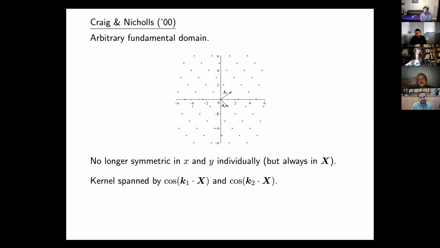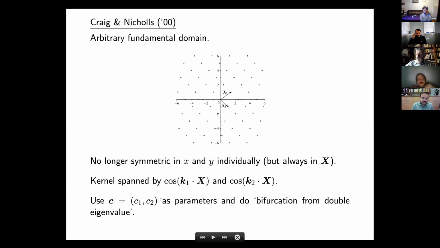But to get waves which vary in 2 different directions, you have to assume that it's at least 2-dimensional. Okay, so one trick you can do then is to use 2 different bifurcation parameters.